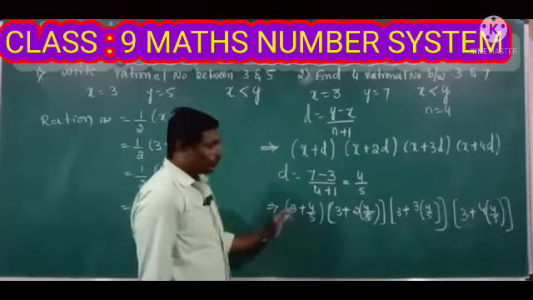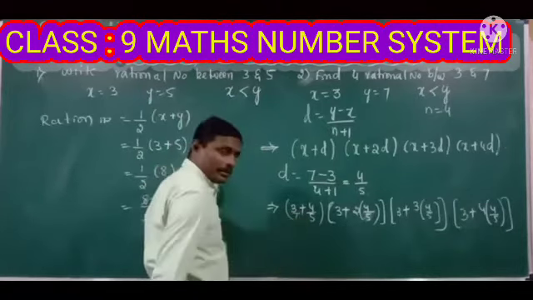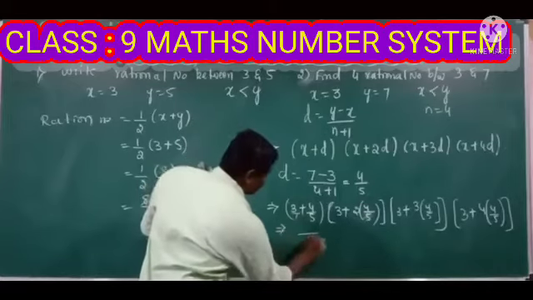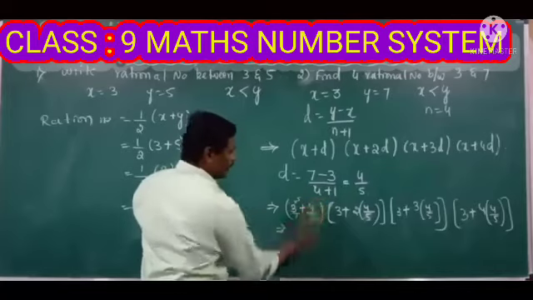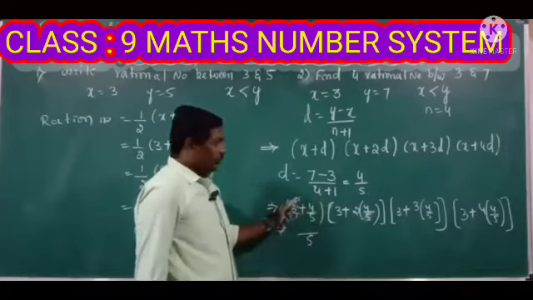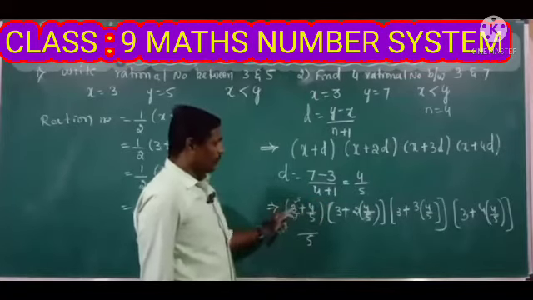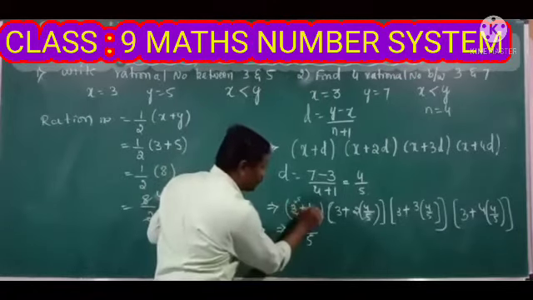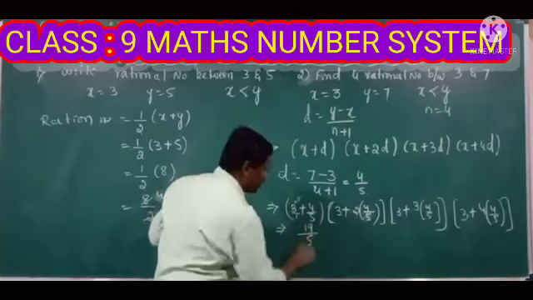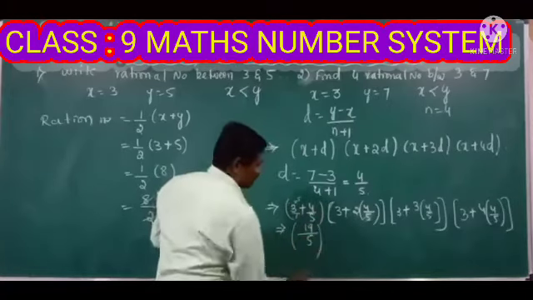Here the LCM is 5, because the denominator of 3 is always 1, right? So 5 times 3 is 15, 15 plus 4 is 19. This is the first rational number, 19 by 5.